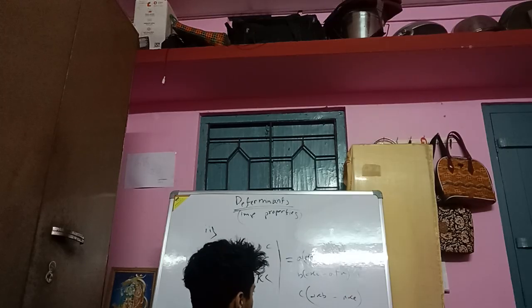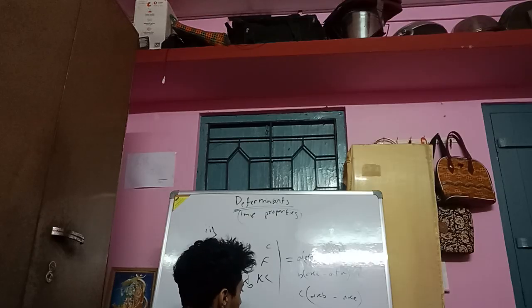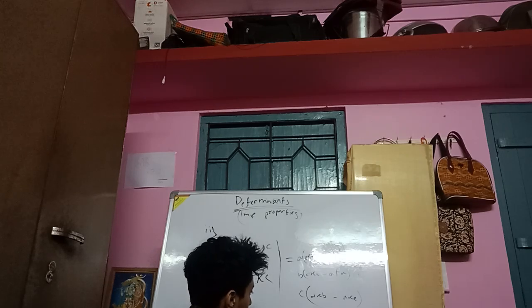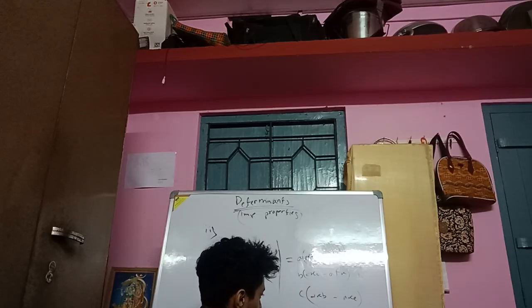So the value of this one would be AEKC minus AFKB, minus BDKC plus ABFK, plus BDKC minus ACKE.